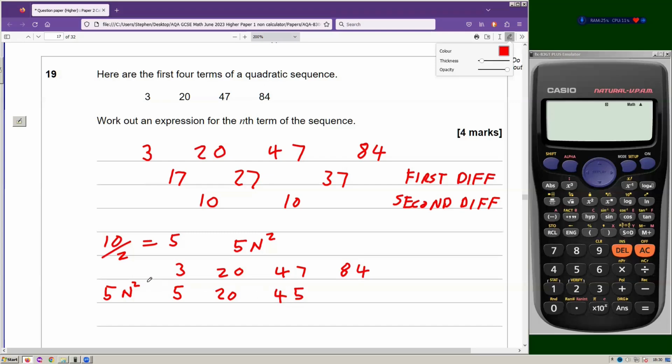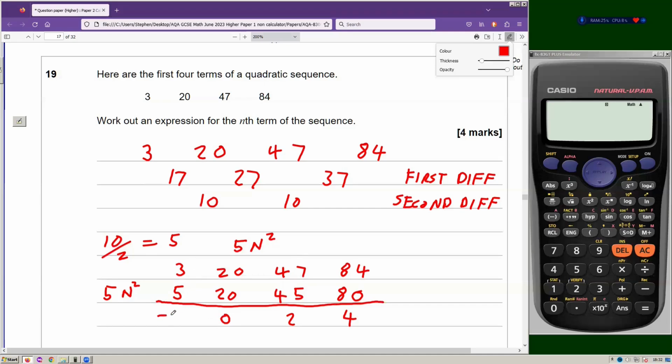And the final one, 4 4s are 16. 16 times 5, what's that? That's 80. Now we take those away. 80 from 84 is 4. 45 from 47 is 2. 20 from 20 is 0.